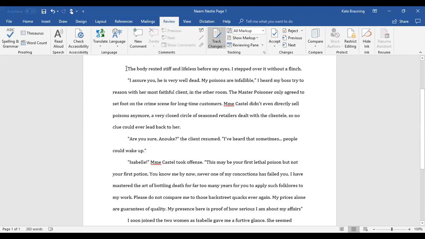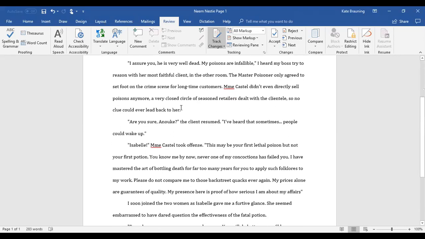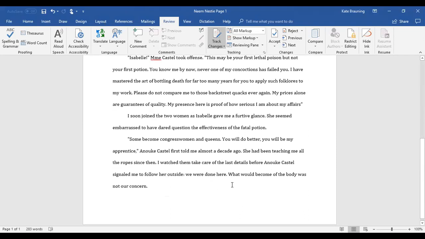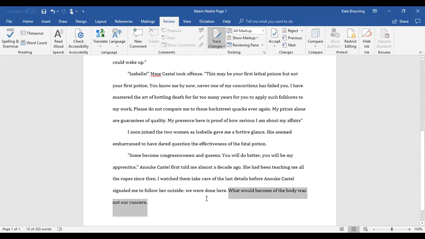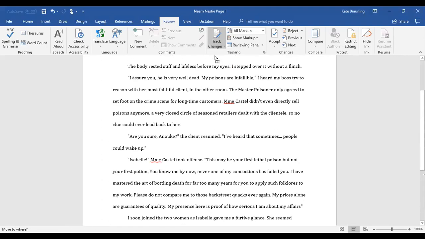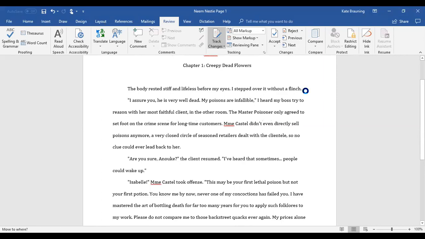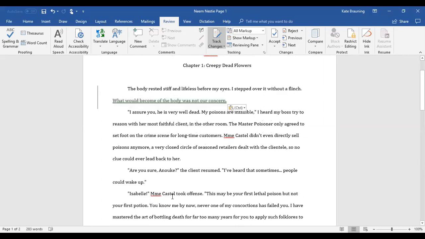I would also maybe move this line here, "What would become of the body was not our concern." There's a lot of confidence and a lot of nuance to that sentence. It's a fascinating idea. I would move it up to the beginning here and drop it right there.